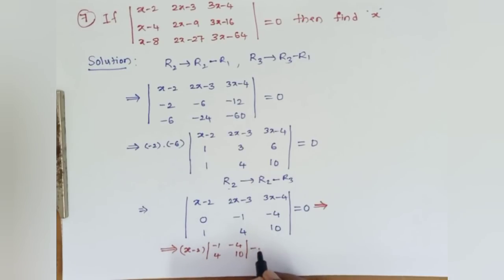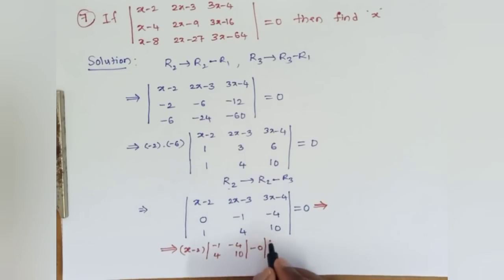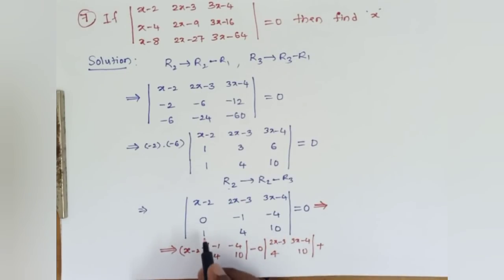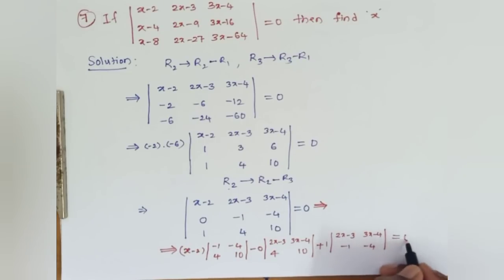Next sign is minus, 0 into, by deleting this row and this column, that is 2x minus 3, 3x minus 4, 4 and 10. Plus, the element is 1. By deleting this row and this column, the remaining elements are 2x minus 3, 3x minus 4, minus 1, minus 4, equal to 0.